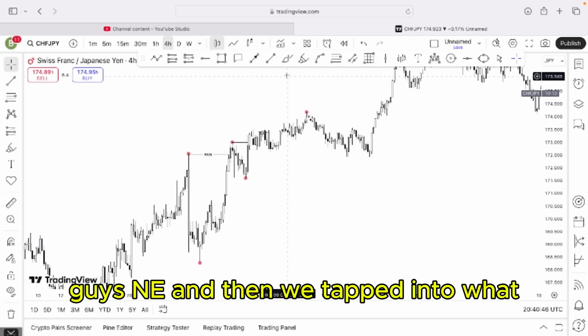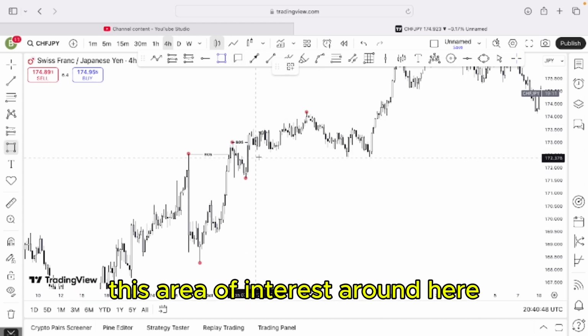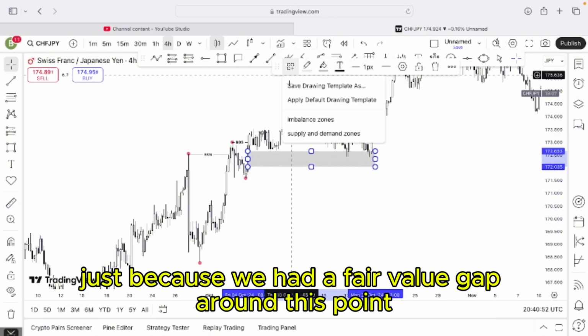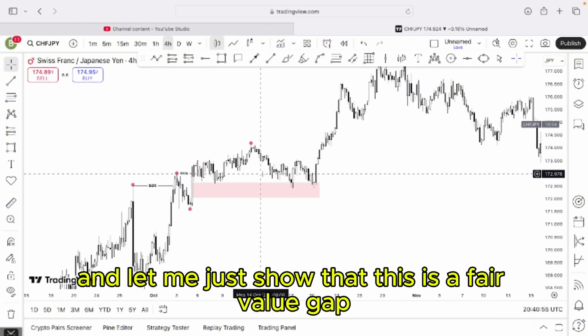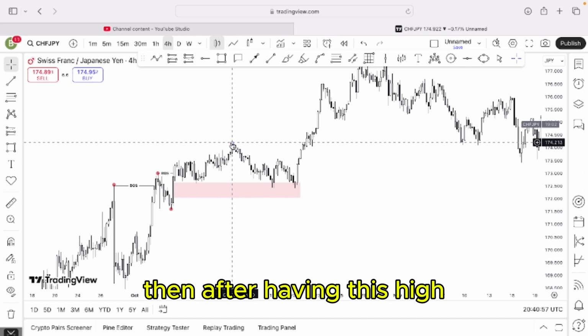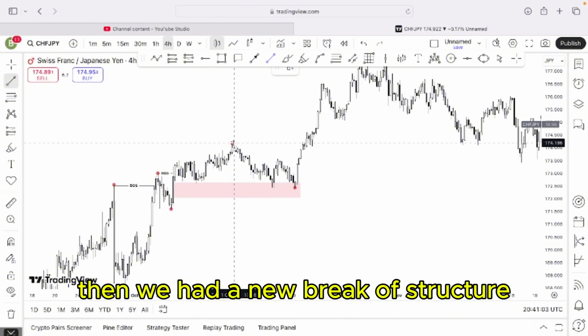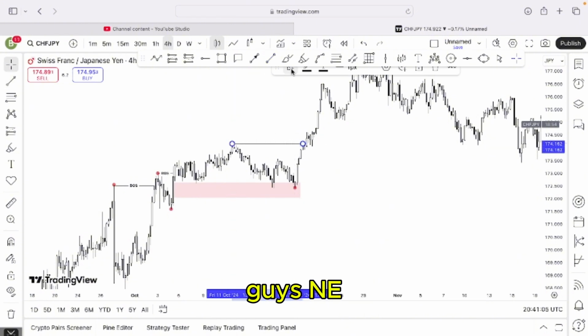And then we tapped into this area of interest around here, just because we had a fair value gap around this point. And let me just show that this is a fair value gap. And then after having this high, we expect a low, which is this one here. Then we had a new break of structure, which is this one here, guys.